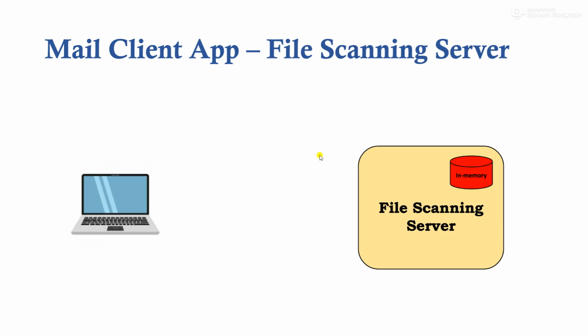And the file scanning server is the server that is going to check whether a certain file type is allowed to be sent via the network, or we have to deny the action to send the file. So based on that, with the help of JavaScript, we tell the client what is the response or what is the expected action that has to take place with that file type.